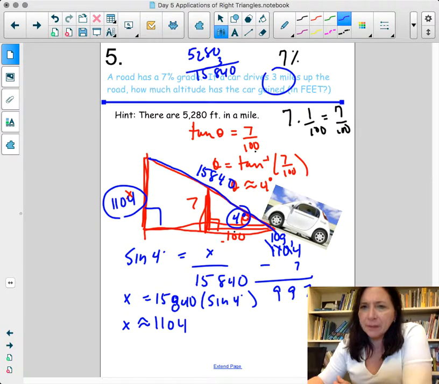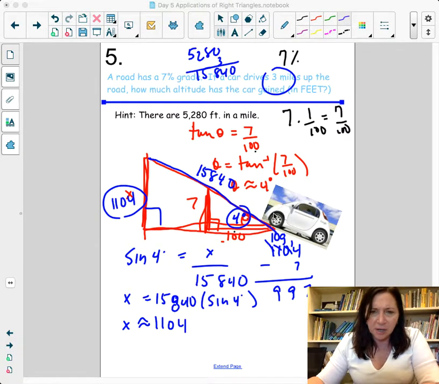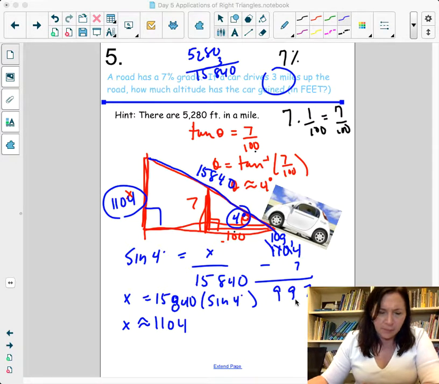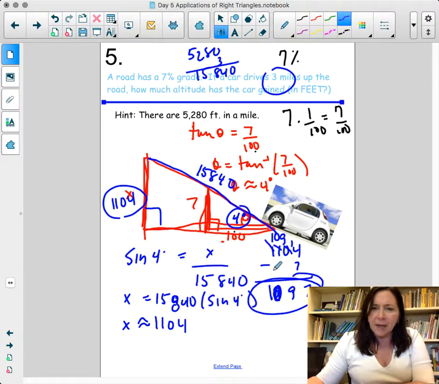Okay, so let me just check. 1104. Oh, that's not right. Let me fix that. That's 1097. There we go. So that should do it.